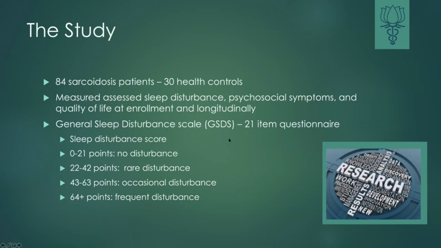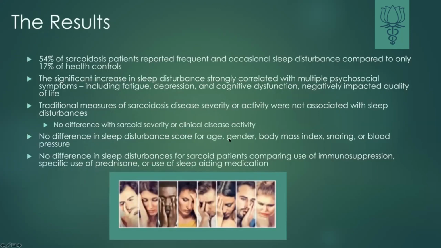One of the ways they did this was using a general sleep disturbance scale with a questionnaire, where the individuals were answering questions between having no disturbance, rare disturbance, occasional, and then frequent disturbance. The University of California found that 54% of sarcoidosis patients reported frequent and occasional sleep disturbance compared to only 17% of the healthy controls.